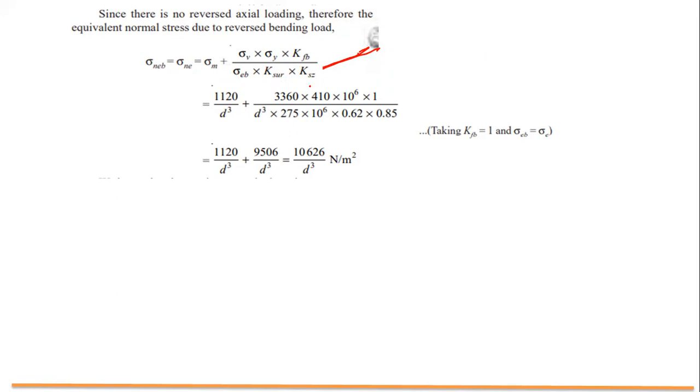Already we found sigma m and sigma v, and we know sigma y, sigma e, k surface, k size, k of b. From the given data, substitute all those values in this equation. The final answer for sigma ne, the equivalent normal stress for bending, equal to 10,626 by d cube.